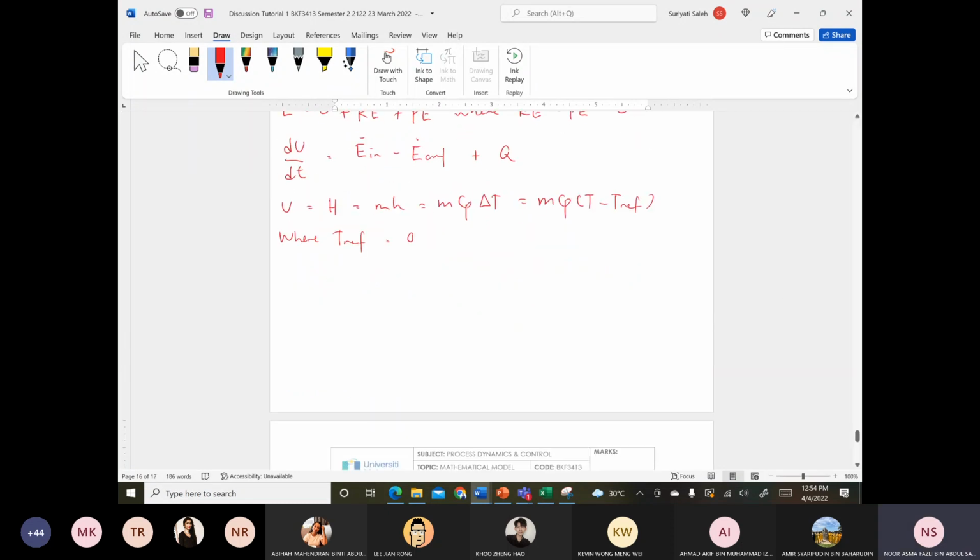So when T reference equal to 0, your equation becomes U equal to m Cp T. Or in this case, you can further expand the m with the density multiplied by volume. So you get rho V Cp T. So this expression can then be substituted into your equation.